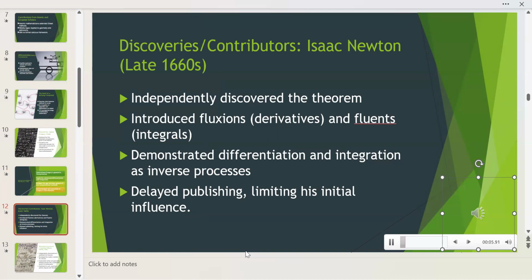Our next mathematician is Isaac Newton. From class, we know that he independently discovered the theorem. He introduced the concept of fluxions, or derivatives, and fluents, or integration. He demonstrated that differentiation and integration are inverse operations, and developed calculus as a computational tool.